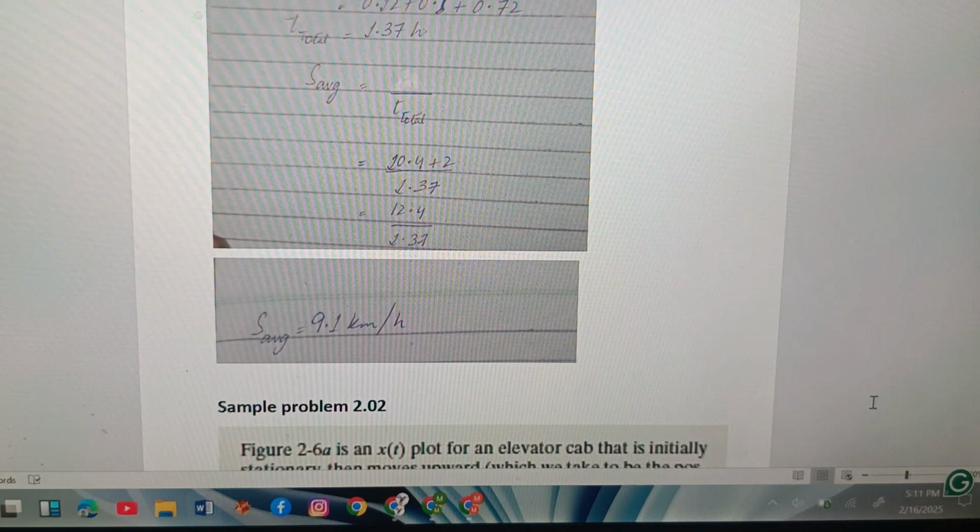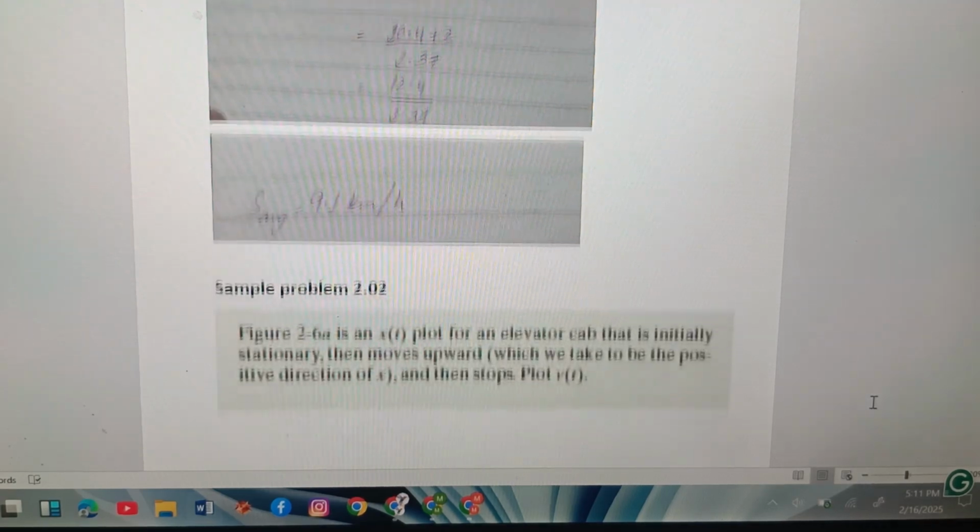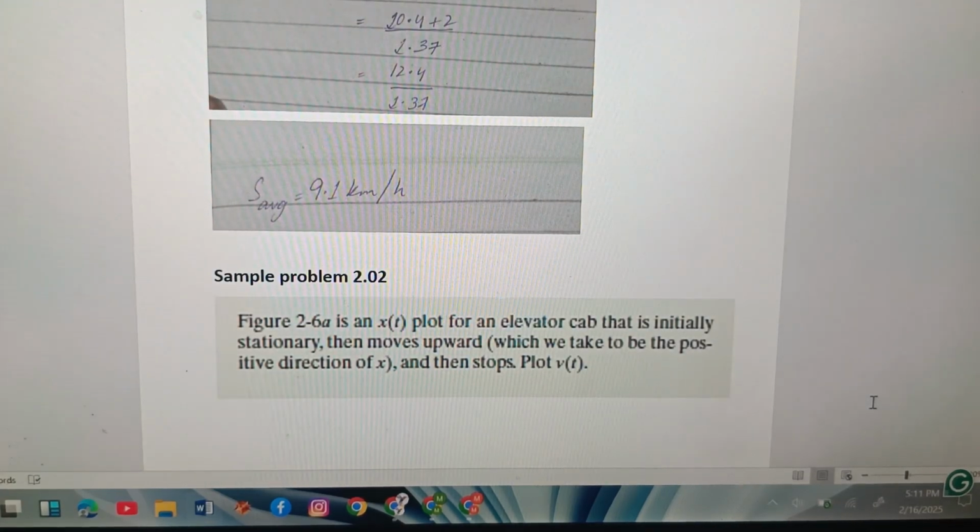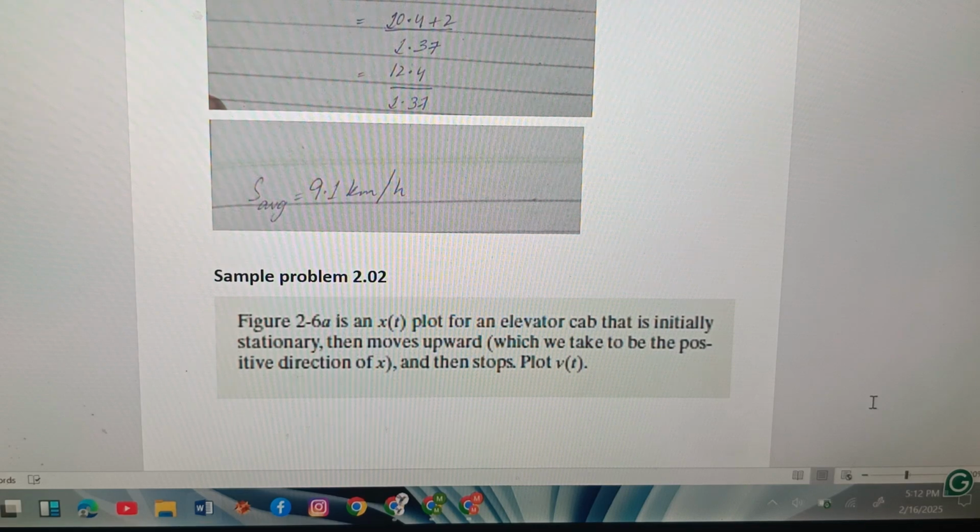So to 10.4 we added 2 kilometers, that is our total distance. That adds up to 12.4, and the total time is 1.37 hours. From here we get our average speed, that is 9.01 kilometers per hour. This is the average speed of our journey.